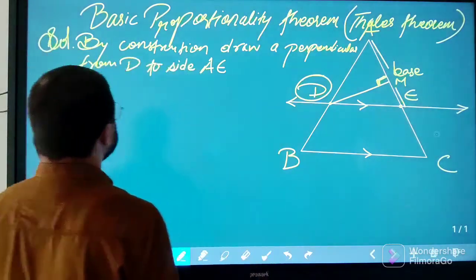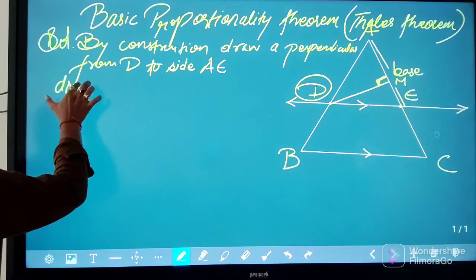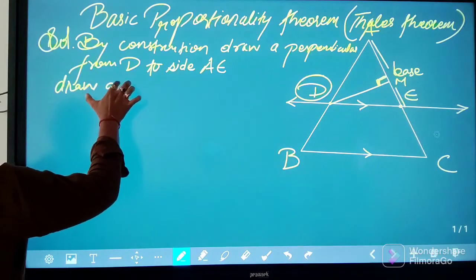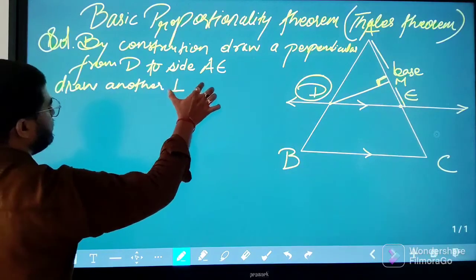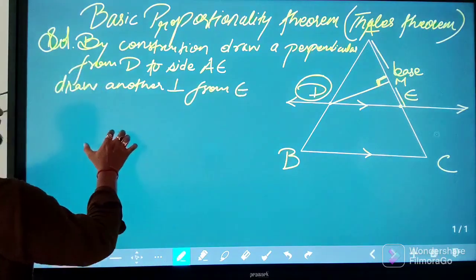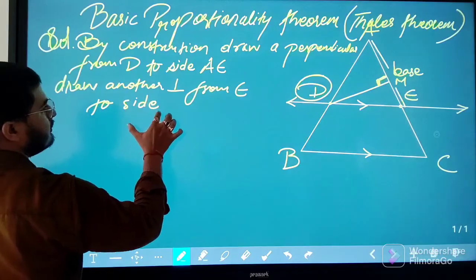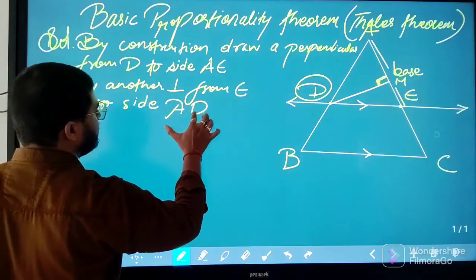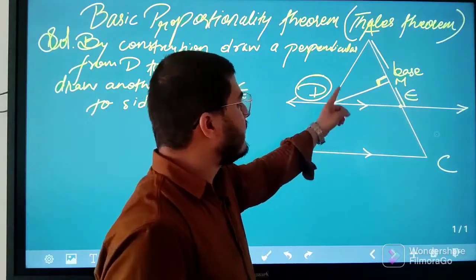Again, draw another perpendicular from E to side AD. Yes, you heard me correct. From E point to the side AD.